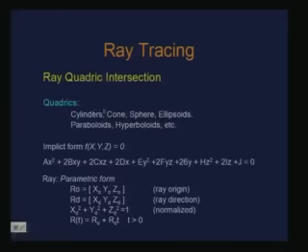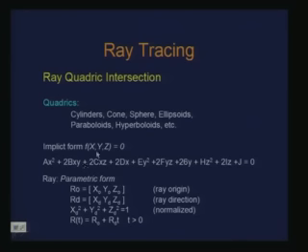Okay, so next we move on to ray quadric intersections. Quadrics are shapes which you are familiar with: cylinders, cones, sphere is also a quadric, ellipsoid, paraboloids, hyperboloids, etc. Again the idea is very similar to what we have done in the case of sphere or plane.